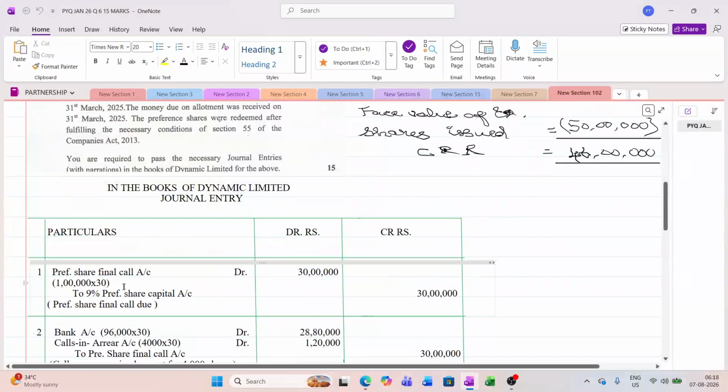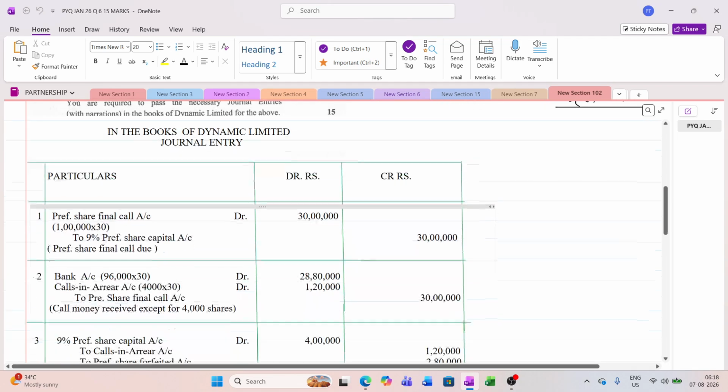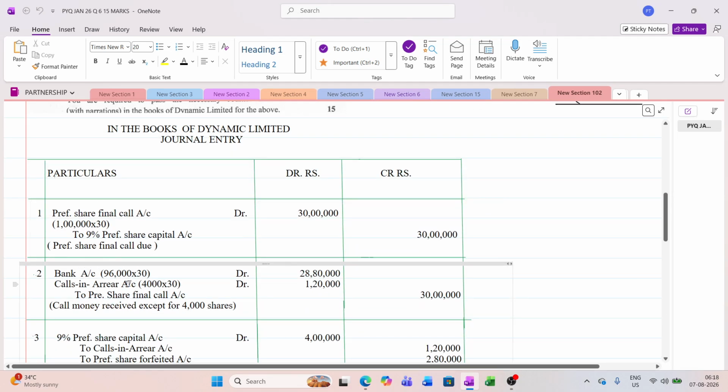Okay. So now the preference share final call account for 1 lakh shares, because they will send the call letter to each and every one. 30 lakh final call becomes due. But for 4,000 shares, money has not been received. Only for 96,000 shares is money received. So 1,20,000 is not received; calls in arrear has become 1,20,000.